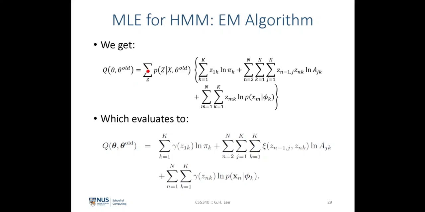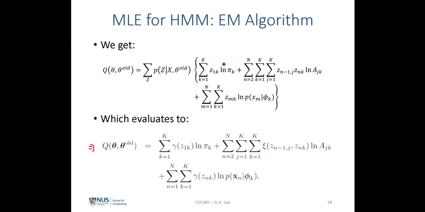Now we can push this marginalization over Z on the posterior of Z into the individual summation terms, and we can see that this evaluates to this particular equation. Let's look at one particular term, the first term, where we push this summation over z into this term.